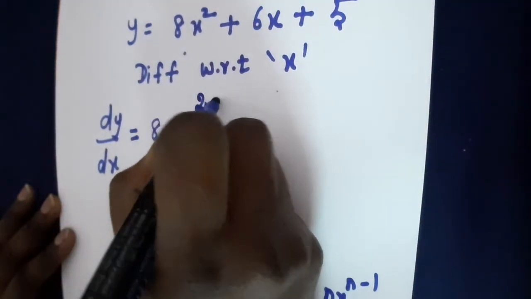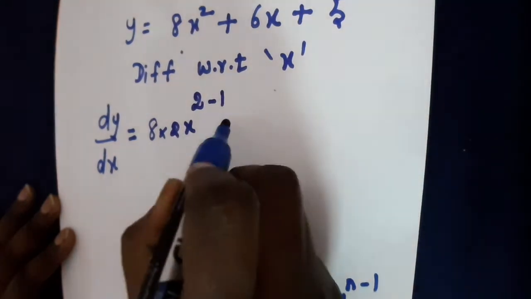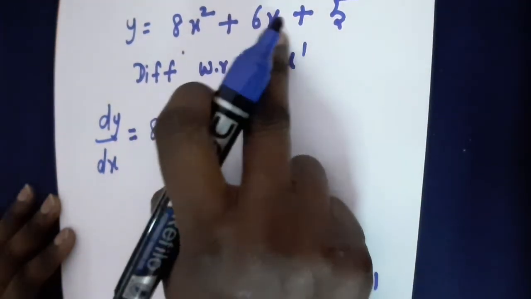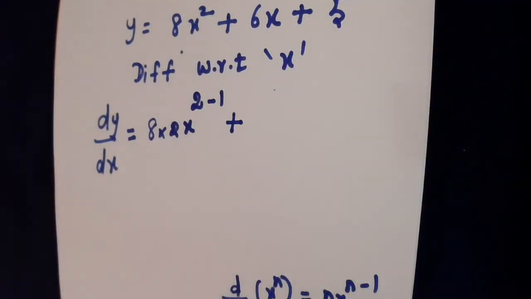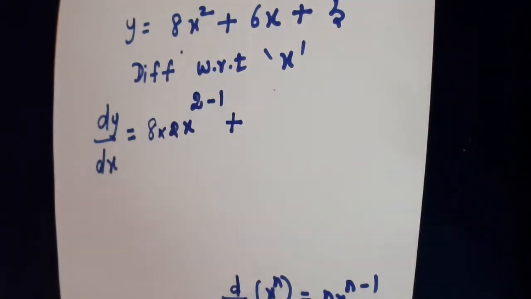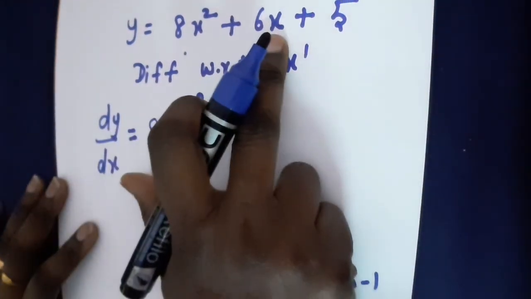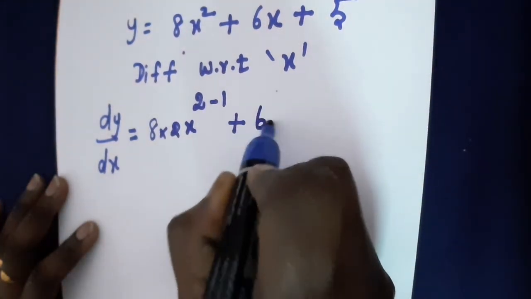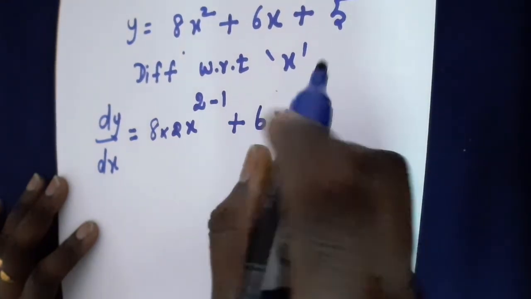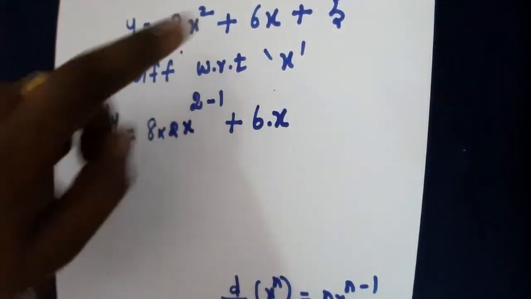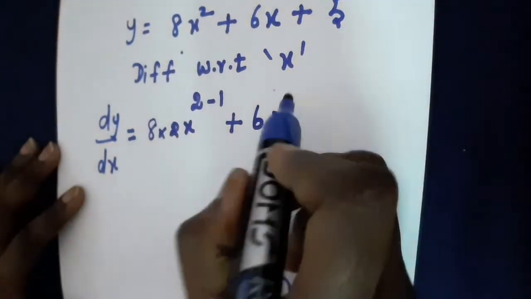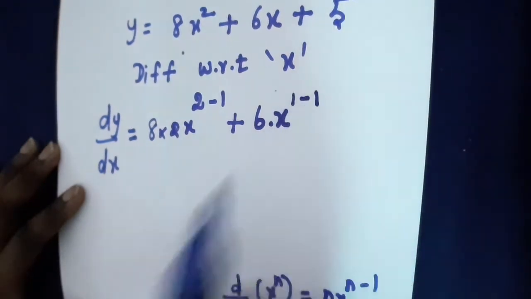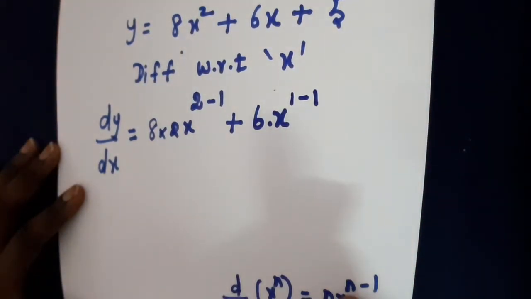What is n? 2 minus 1. Plus, now we have to differentiate 6x. If you have 6x, directly you can write the coefficient of x is 6. Okay, or else we'll apply the formula. What is the formula? 6 times x to the power, what is n actually here? n here is 1 minus 1, because as per the formula it is n minus 1.